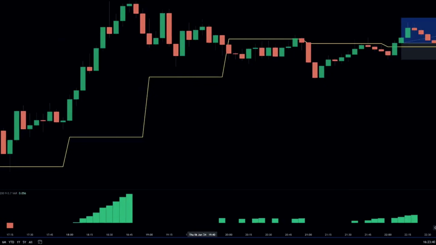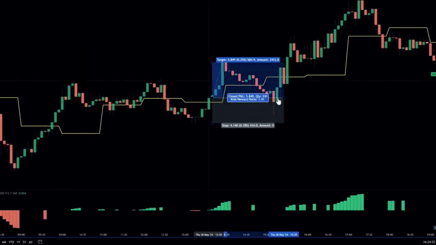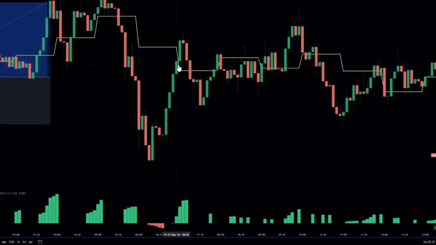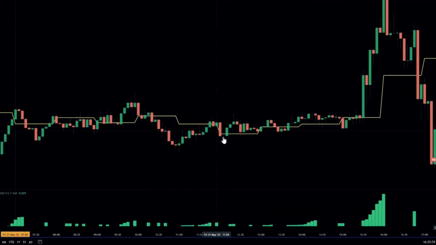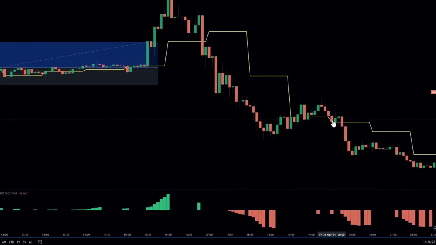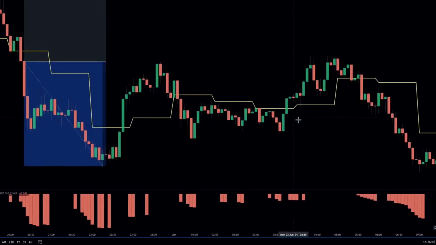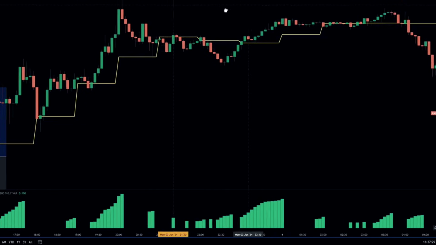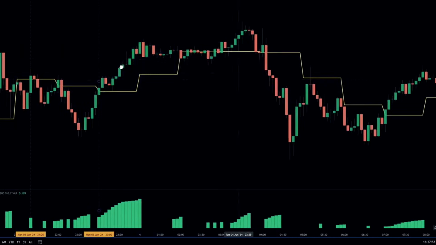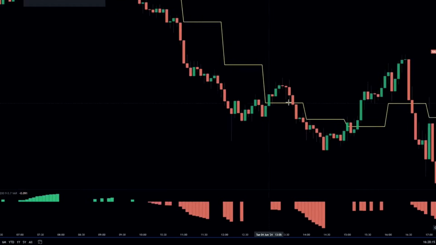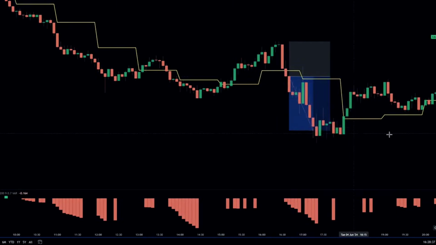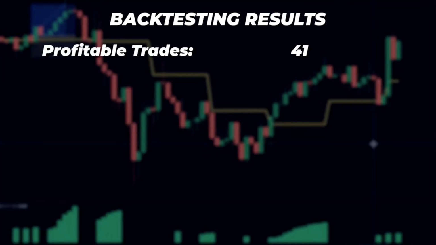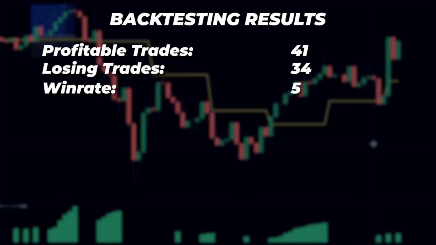Now, with the strategy explained, let's take a look at the backtesting results. After running 100 trades, the results showed 41 profitable trades and 34 losing trades, giving us a win rate roughly above 54%.